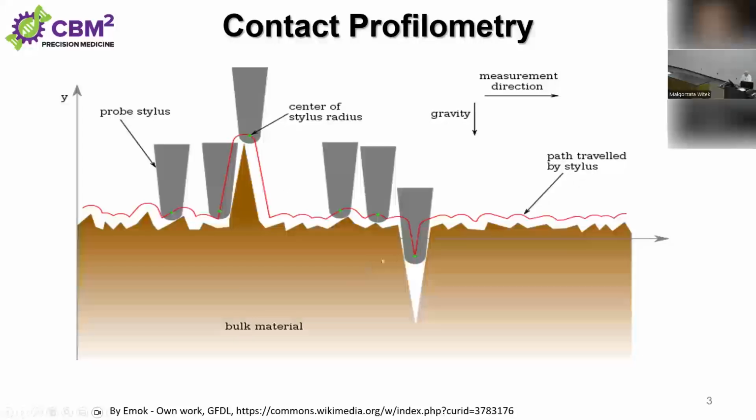Look right here. You can already see a problem. The stylus is so big, it doesn't fit into that small crevice, so it's giving you a wrong answer. It's not giving you the true representation of that surface because of tip effects. You need to keep that in mind whenever you're using contact profilometry.